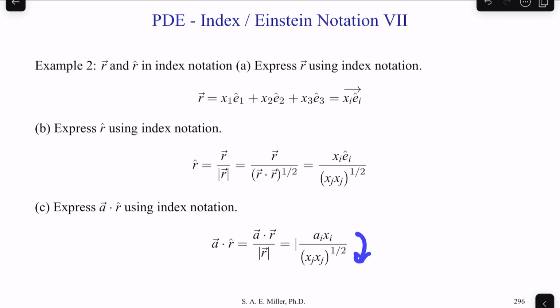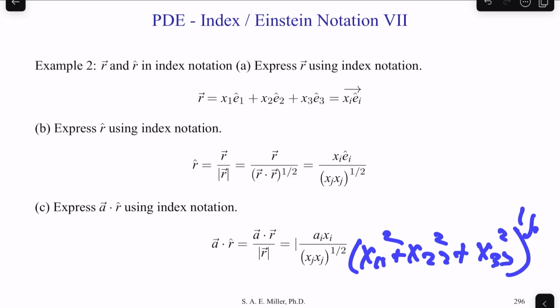Notice again, we didn't use the same i index in the numerator and denominator. If we expand this out, what would it be? The numerator would be a1x1 plus a2x2 plus a3x3. The denominator would be x1x1 plus x2x2 plus x3x3, and I'll just put squares, all to the 1/2 power.